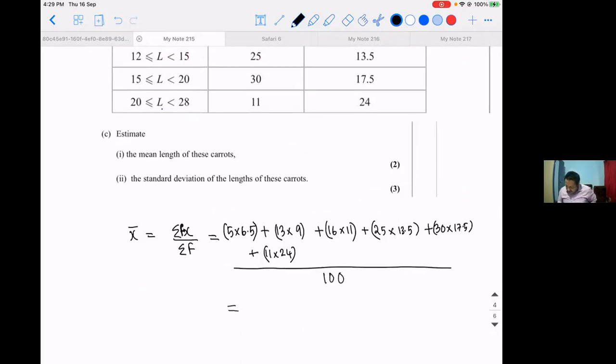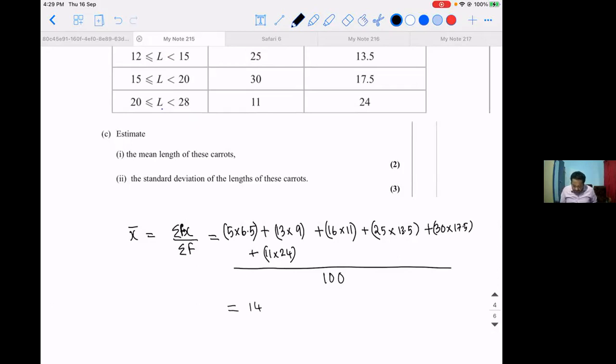5 times 6.5. Please plug these values into a calculator, then of course you can find it. Plus 16 times 11, plus 25 times 13.5, plus 30 multiplied by 17.5, plus 11 times 24.